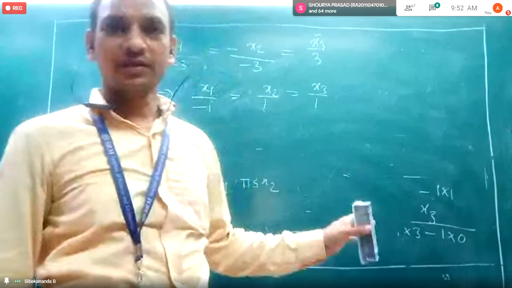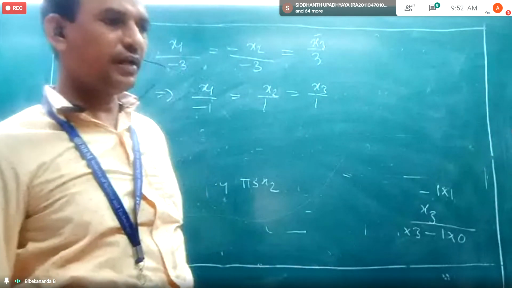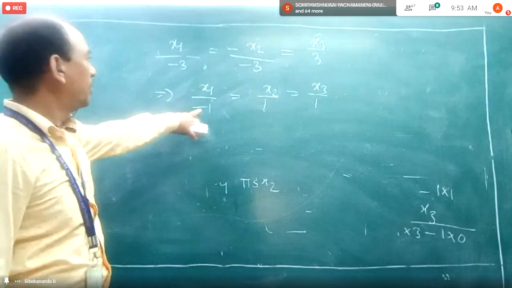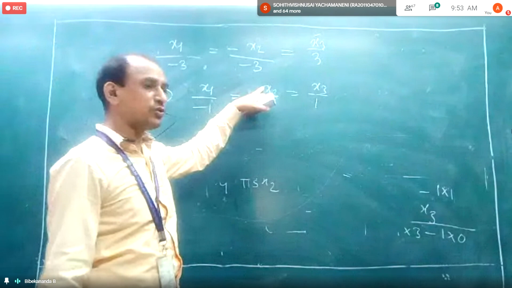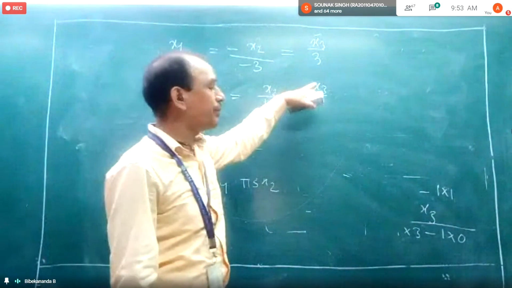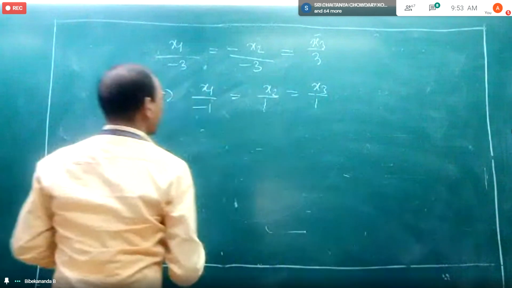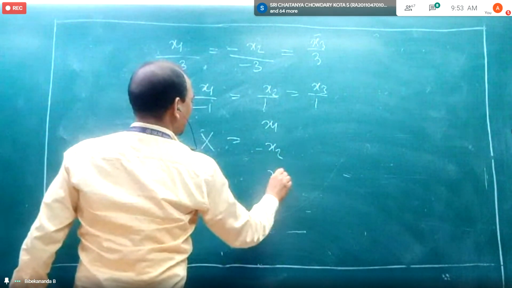That means you are taking 3 common from each of the expressions. So the coefficient of x1 will be x1, of x2 will be x2, and of x3 will be x3. Then what is the corresponding vector? X equal to x1, x2, x3.